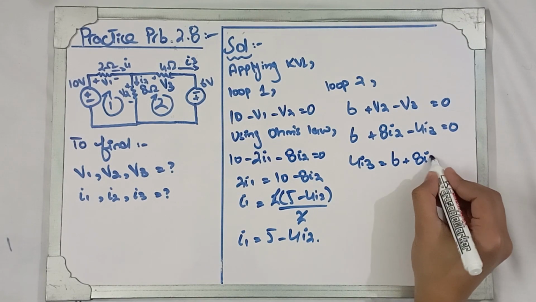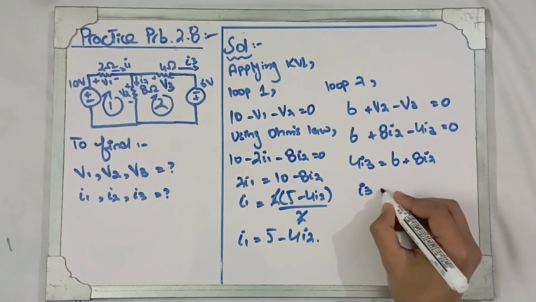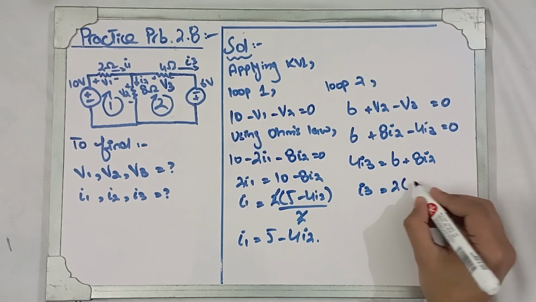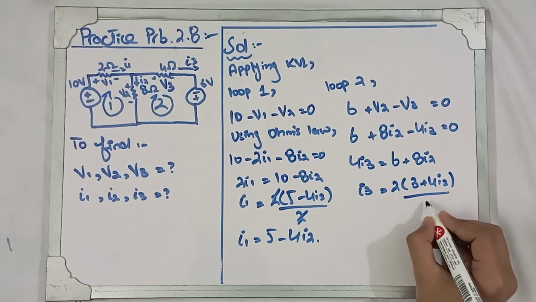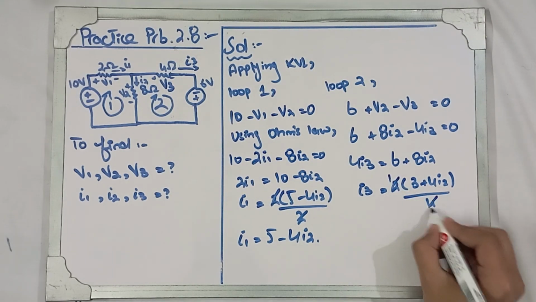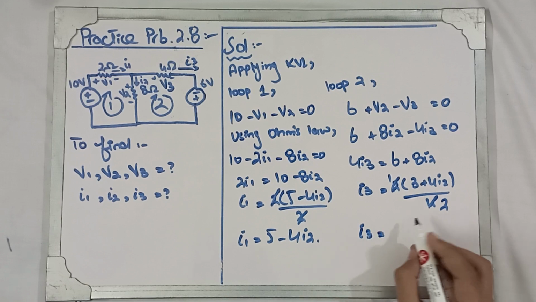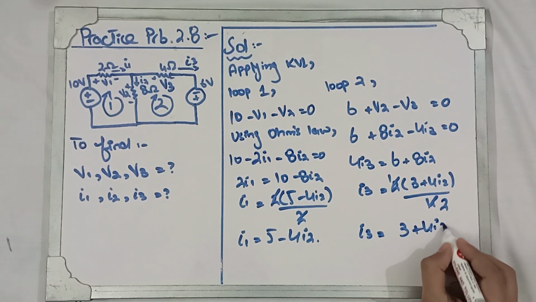Now dividing by 4 on both sides of the equation, I3 will be equal to, we will take 2 common from the numerator, so it will become 2 into 3 plus 4I2 divided by 4. So 2 ones are 2, 2 twos are 4. So I3 will be equal to 3 plus 4I2 divided by 2.